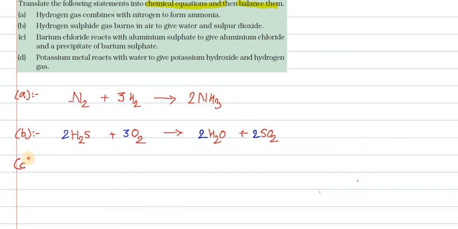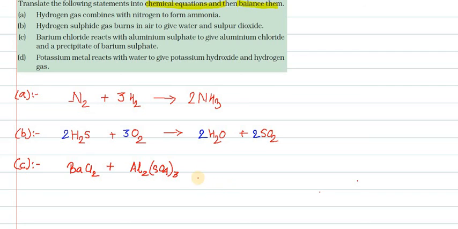Part C. So part C says barium chloride. The formula for barium chloride is BaCl2. Barium chloride reacts with aluminium sulphate. The formula for aluminium sulphate will be Al2(SO4)3.